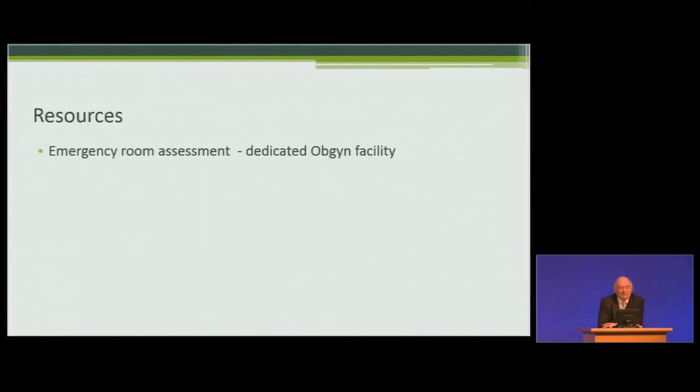Now, resources. I think there should be a dedicated OBGYN facility when somebody presents to a hospital. They shouldn't be landing up in casualty with all the riffraff with sore ankles and the rest of it, and we should really insist that we've got our own facility. And again, I think the EPU setup maybe needs a little bit of a shift at the moment, and a little bit of encouragement to keep it going and work on it.